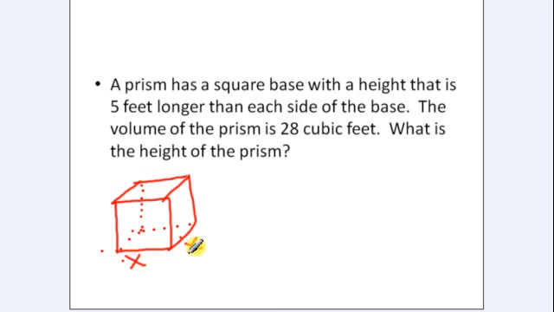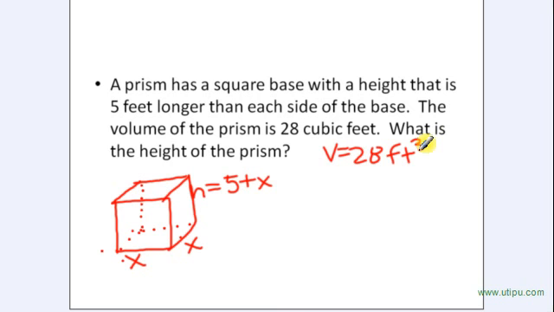Then we're told that the height, so here's the height of the prism, is 5 feet longer than each side of the base. So we can represent that with 5 plus x. The volume of the prism is 28 cubic feet. What is the height of the prism?